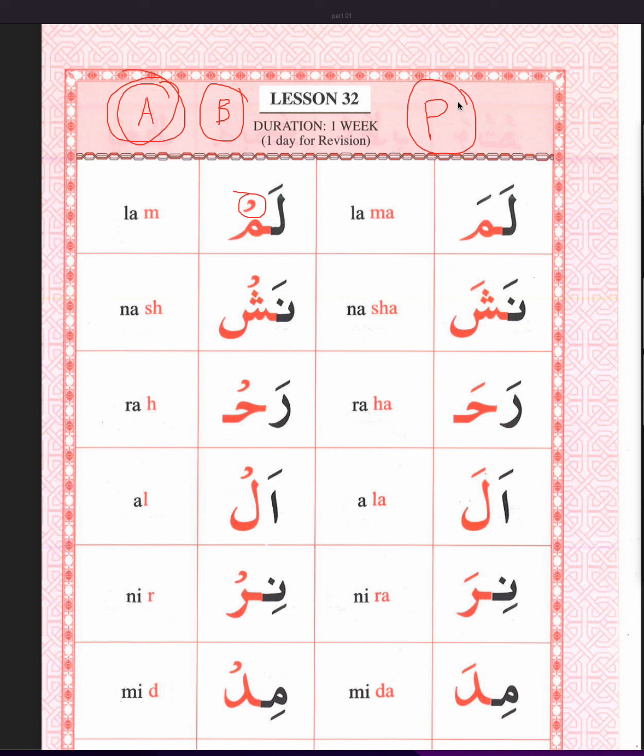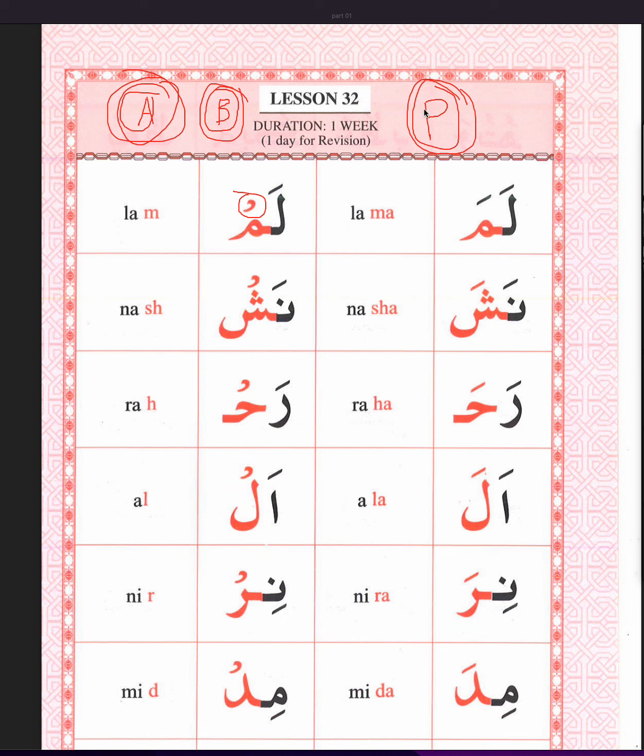P. But then if I were to ask you, what kind of sound this letter P gets, you would say p, p, p. You will not say P, because now I'm asking you the sound of the letter, not the letter itself. If I were to ask you what kind of sound the letter B will get, you would say b, b, right?